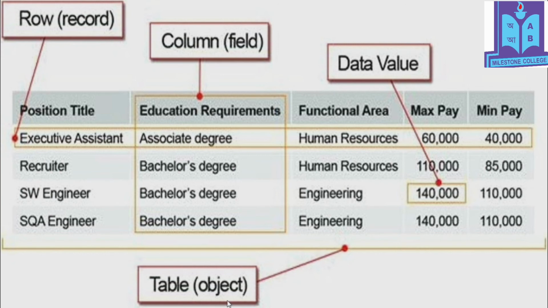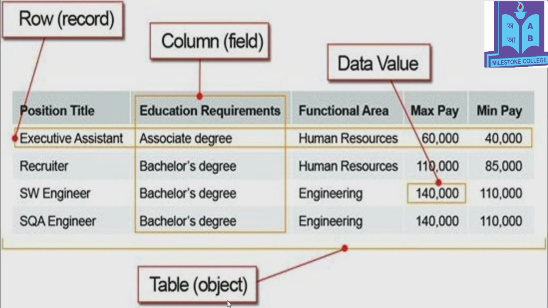You see this one represents the whole data of a single position, but a column stands differently. You see educational requirements, I have already boxed it. So this one shows a common field. This one is like a column of some portion of data.